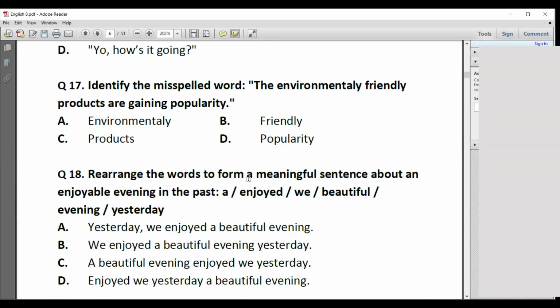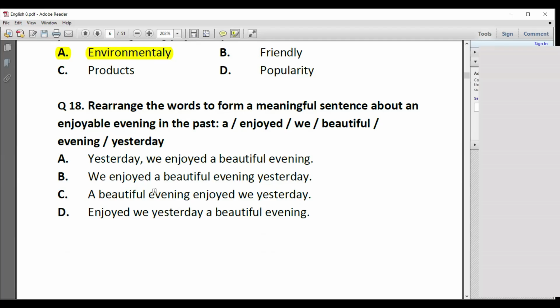C. Products. D. Popularity. The correct option is option A. Environmentally. The correct spelling is environmentally.